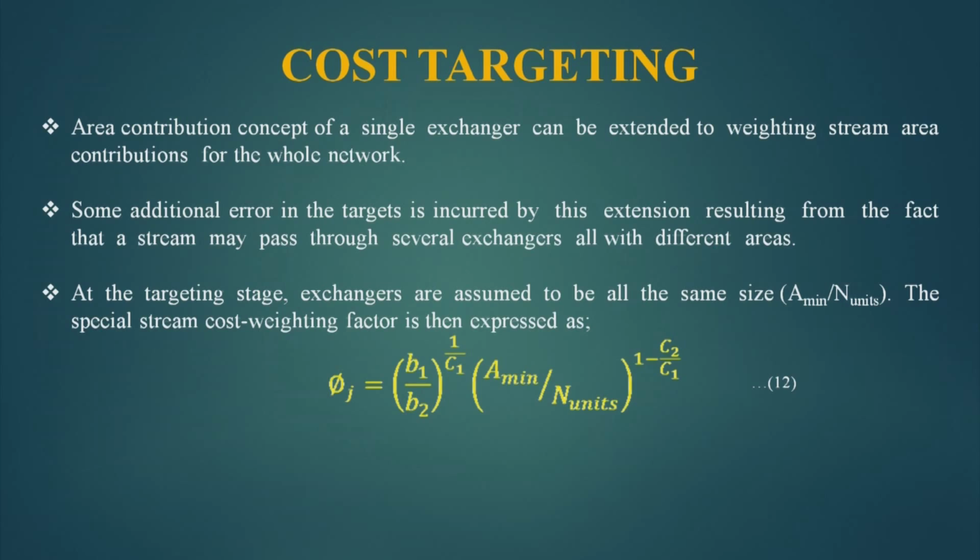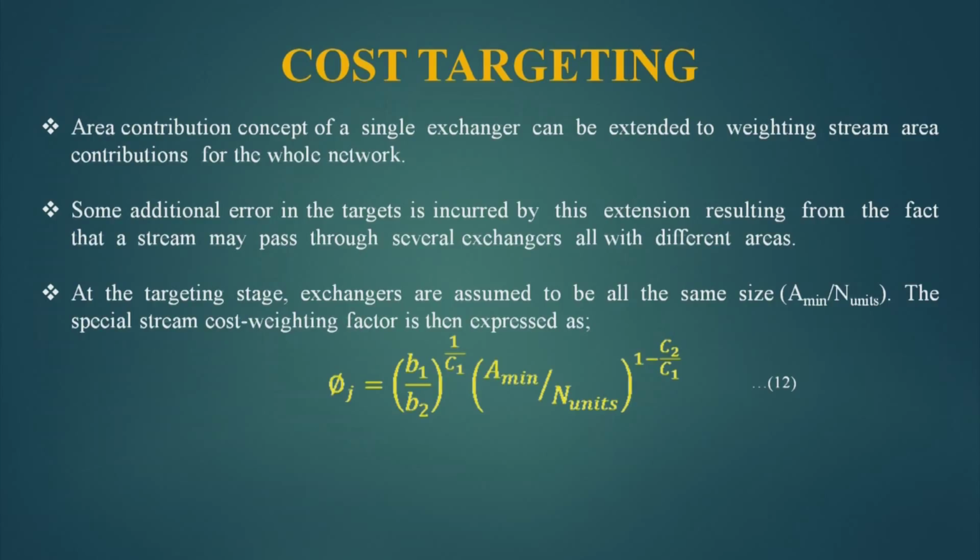Some additional error in the target is incurred by this extension, resulting from the fact that a stream may pass through several exchangers, all with different areas. We have already seen that this is going to increase the error of the prediction of the cost.